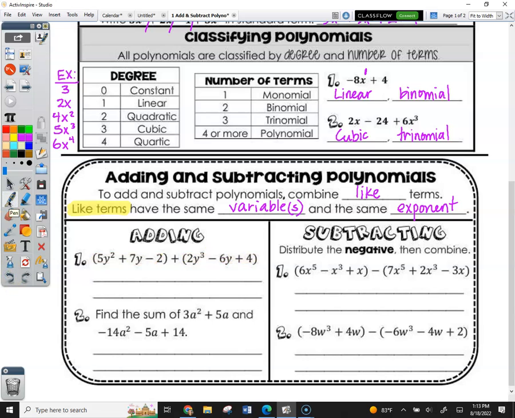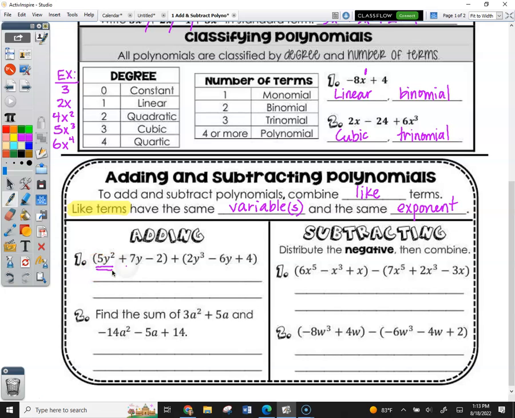Multiple ways to do this. If it were me, just starting to work with stuff like this, I would get in the habit of writing underneath it however many, whatever the exponent is, you're going to write that number of y's. So watch. This is y to the what? This is y squared. I'm going to put 2 y's.